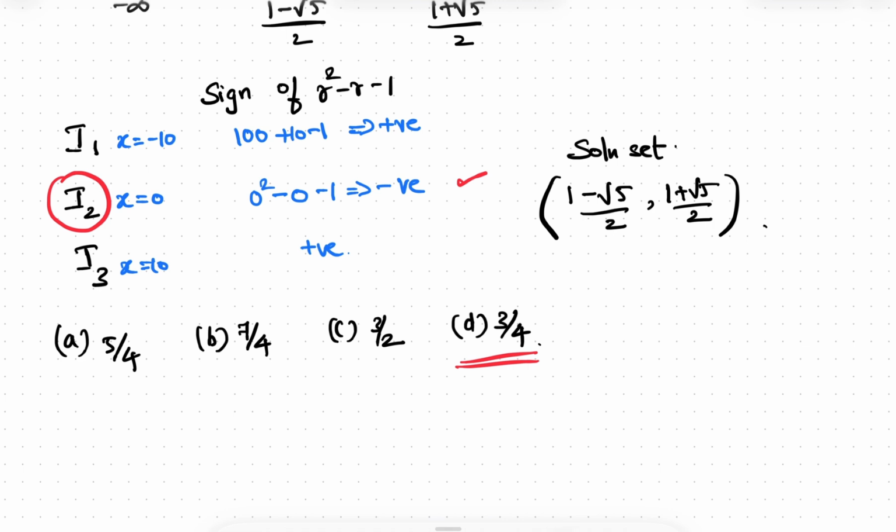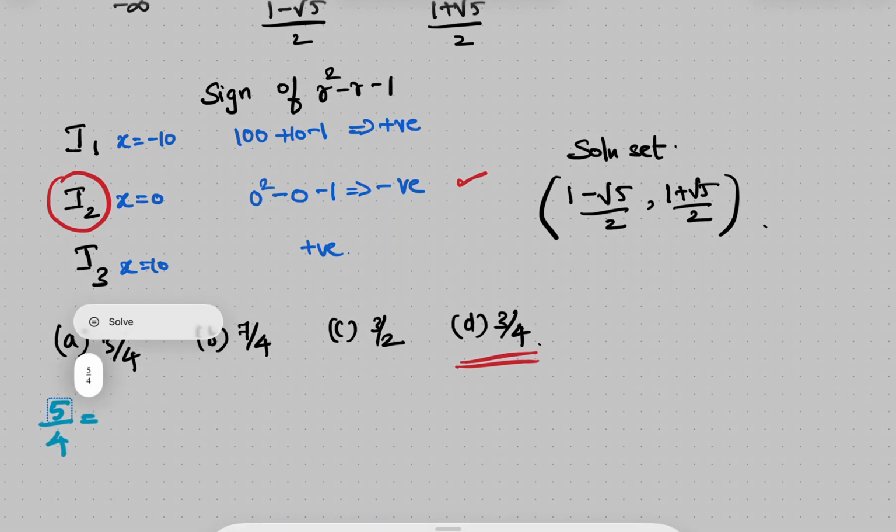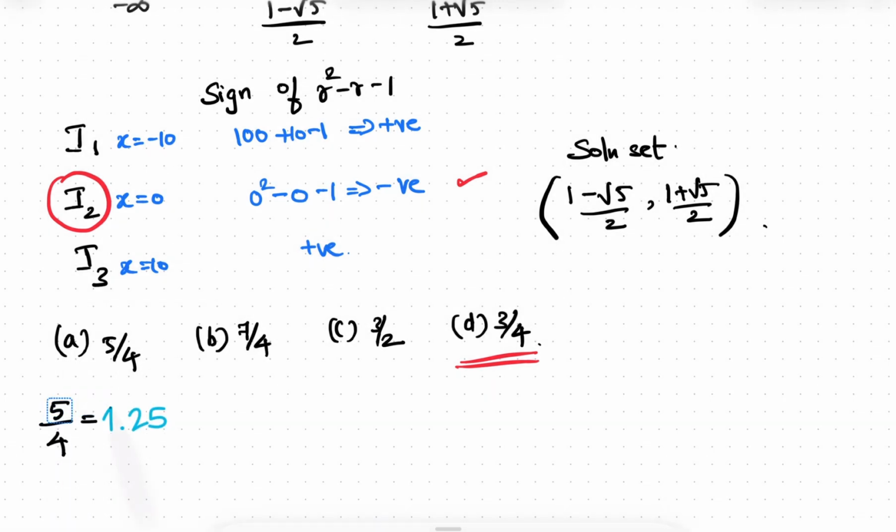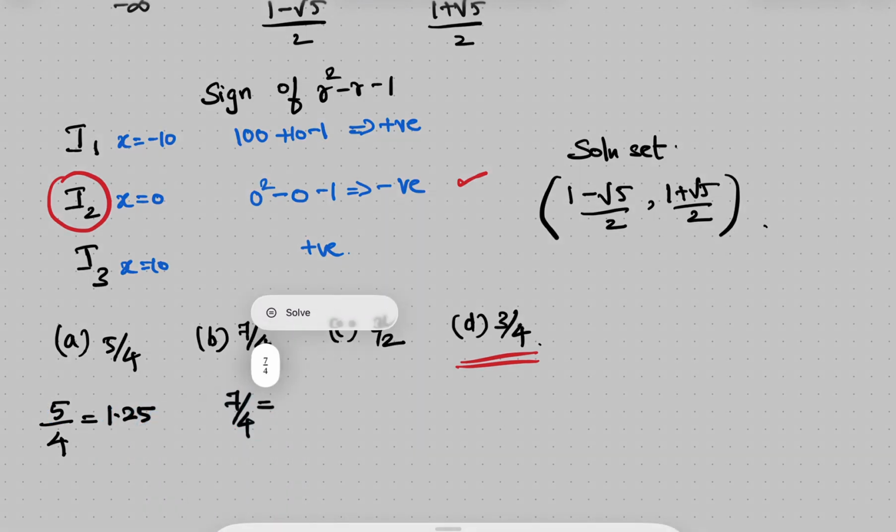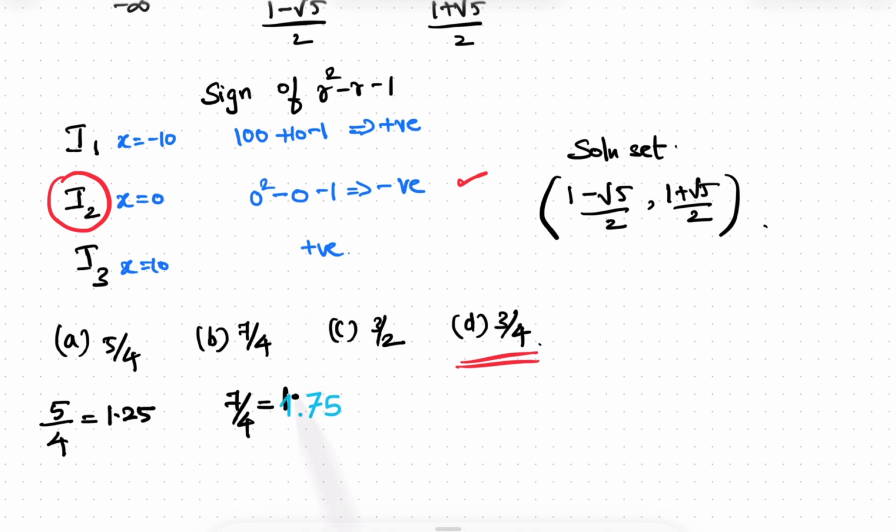So in order to do this, let me first write what 5 by 4 is. 5 by 4's answer would be 1.25, 7 by 4's answer would be 1.75, and 3 by 2's answer would be 1.5.